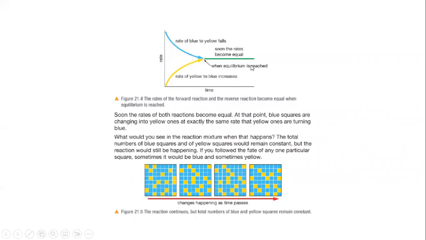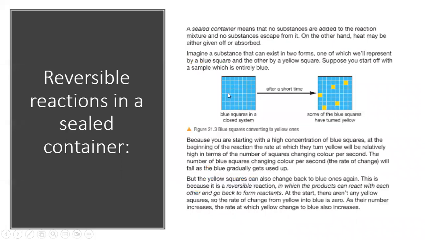And this is what the graph looks like, right? This is the example that they have given: these are blue squares, and these blue squares are turning into yellow squares. Initially your blue squares are going to turn into yellow squares, and the number of yellow squares is going to start to increase.